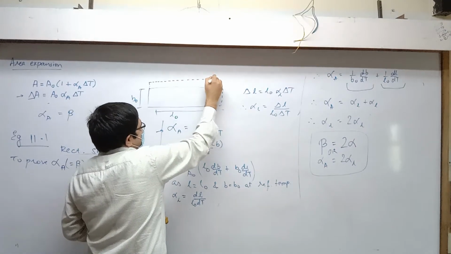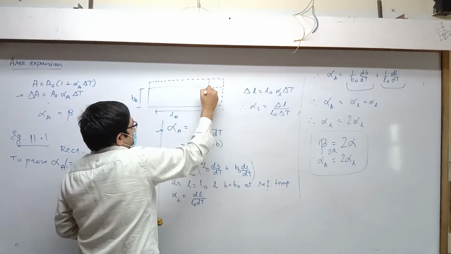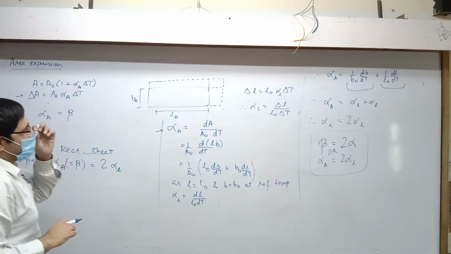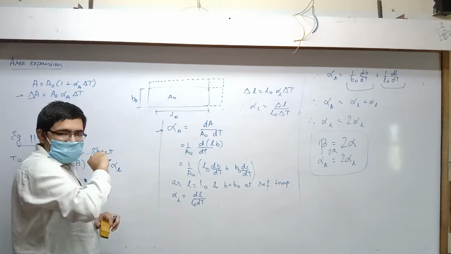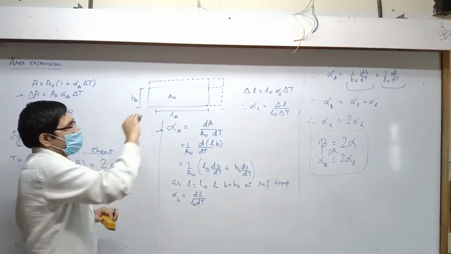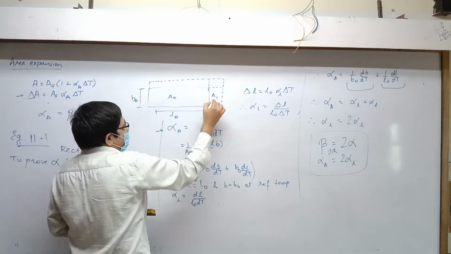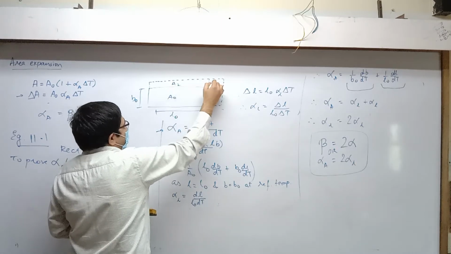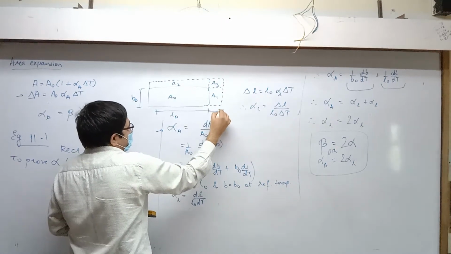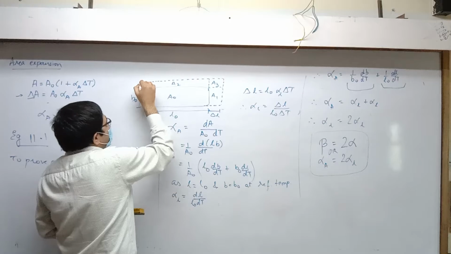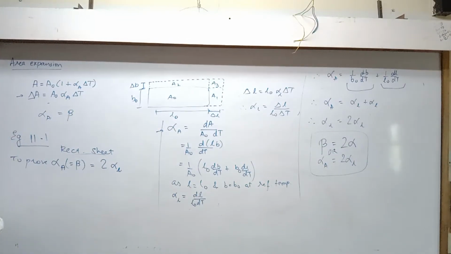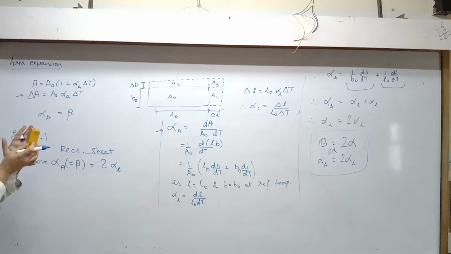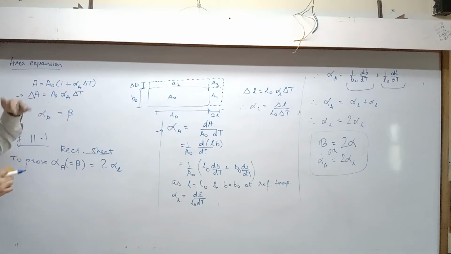So the new area of rectangle is, this was A0, correct or not, plus let's say A1, A2 and A3. This is delta L, this is delta B. Clear what we have done so far? You know sometimes, suppose its length increases a little and its breadth increases.